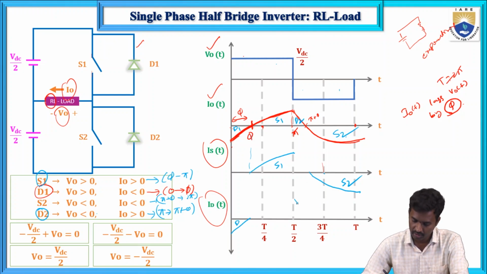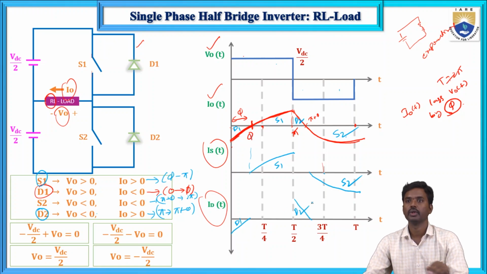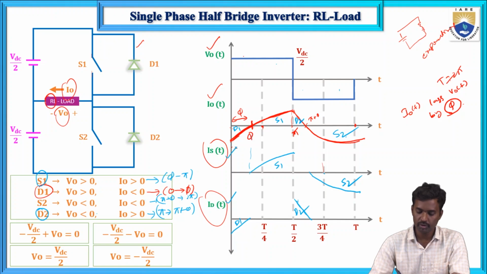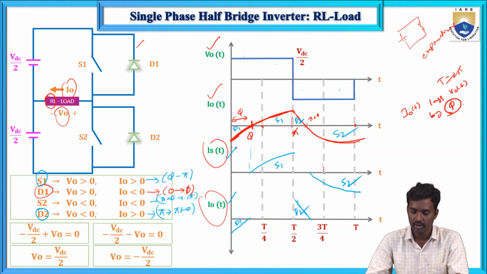So now here this is D1 and D2. So these are the diode current waveforms and switch current waveforms. And next here the total output waveform. So this is the configuration.